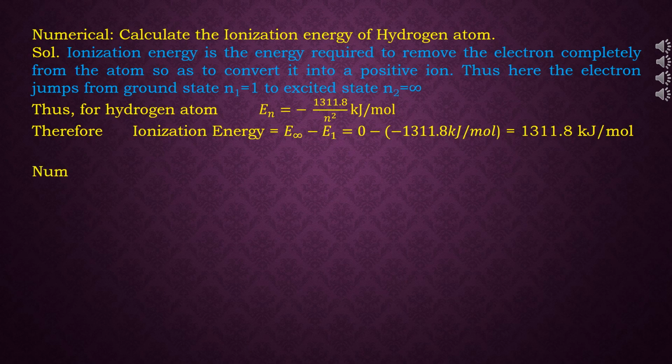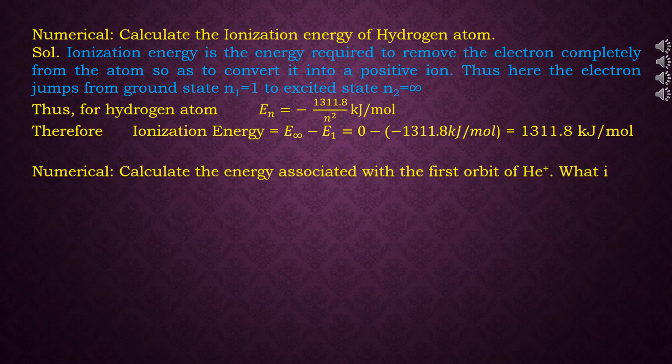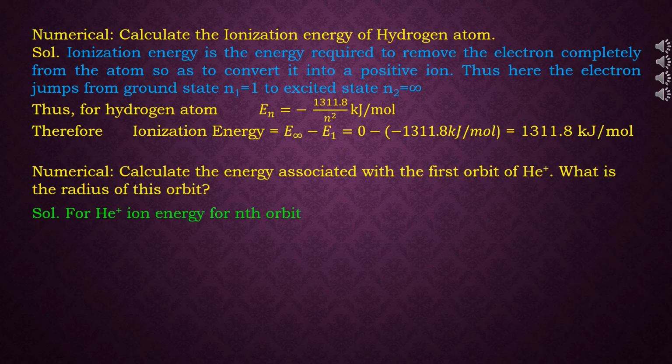Let's see another numerical. Calculate the energy associated with the first orbit of helium positive ion and what is the radius of this orbit. So for helium positive ion, energy for nth orbit En is equal to minus 1311.8 into z square upon n square kilojoule per mole, where z is the atomic number and n is the number of orbit.